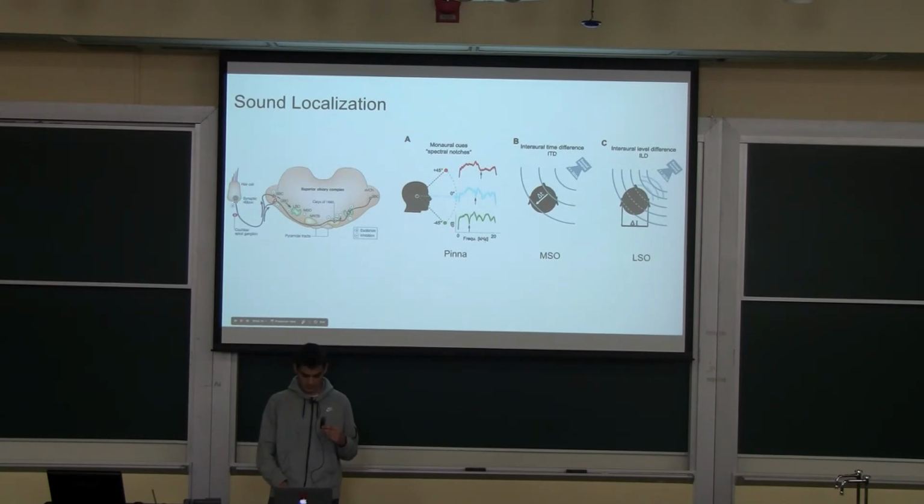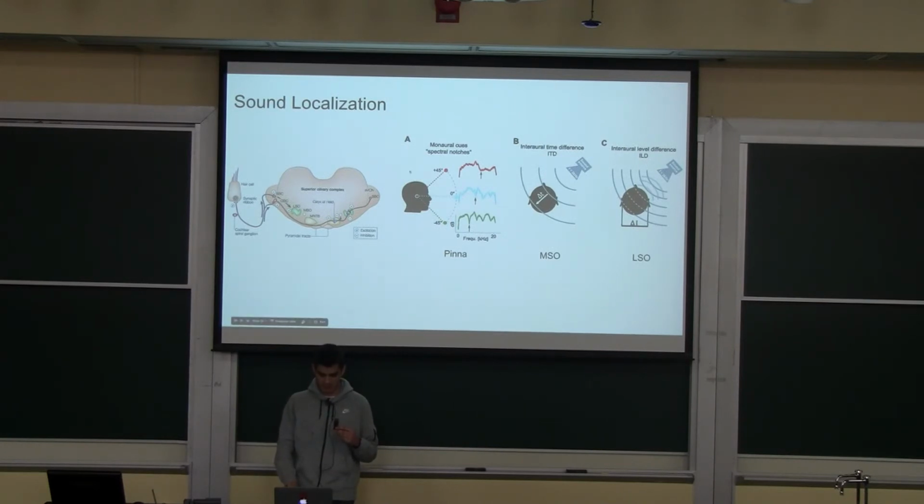And then he doesn't discuss this explicitly, so I'm not going to dwell too much on this for this review session, but basically the pinna in the outer ear allows you to filter. The way you get elevation information from sound is using these spectral notches, which are different frequencies that you're filtering out depending on the angle where you're coming in, and which frequencies are filtered out by the outer ear, or the pinna.